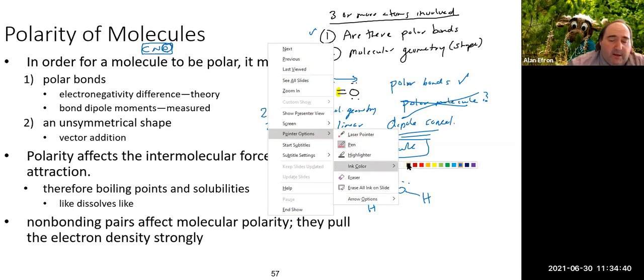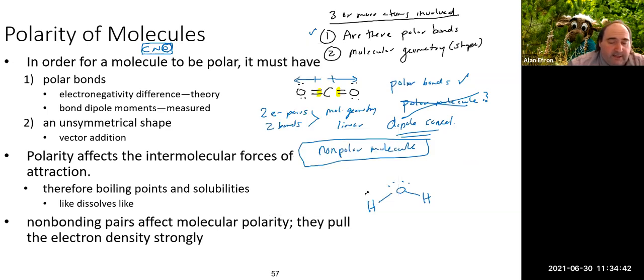We would know that oxygen is more electronegative than hydrogen, and we would have bond dipoles heading in this direction. So water here has polar bonds just like CO2 does. Again, we do have to think about the geometry here and see whether or not this guy is going to be polar or non-polar overall.